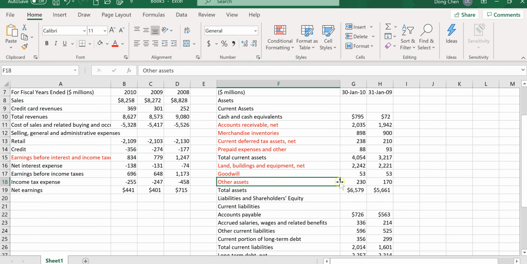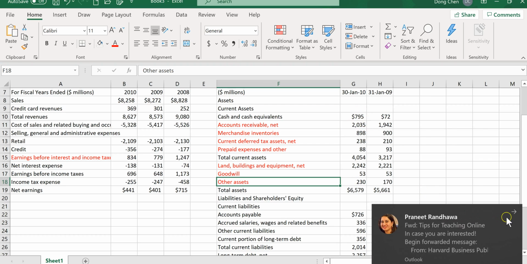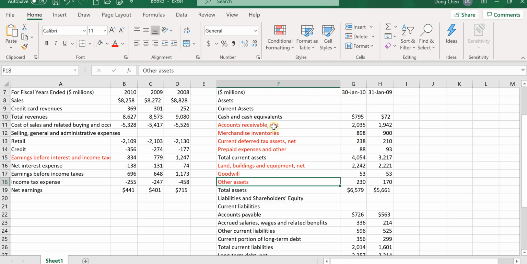So rather than adding up these different items, because the only item out from the asset side of the balance sheet is the cash, we can also take the difference between total assets and the cash and cash equivalents, and that would also be equal to the sum of all these different items.